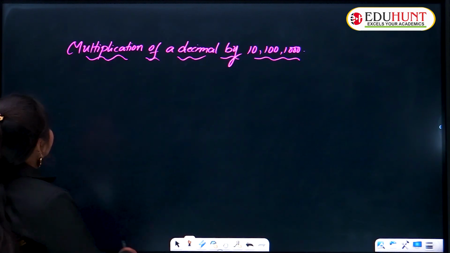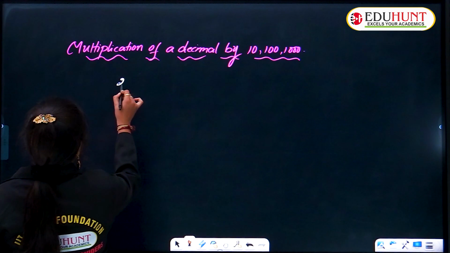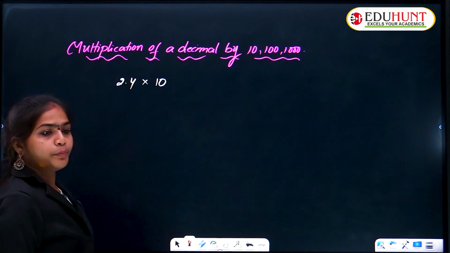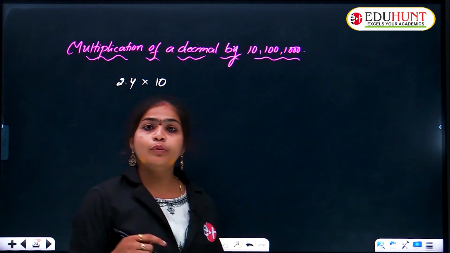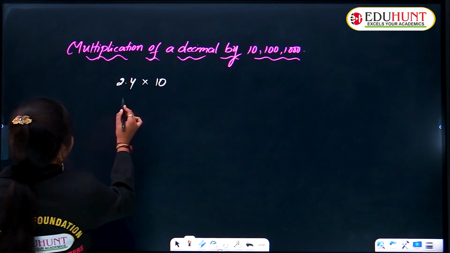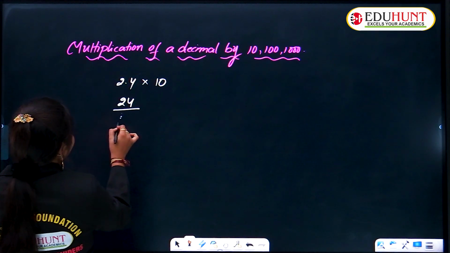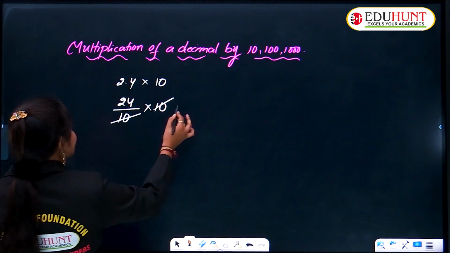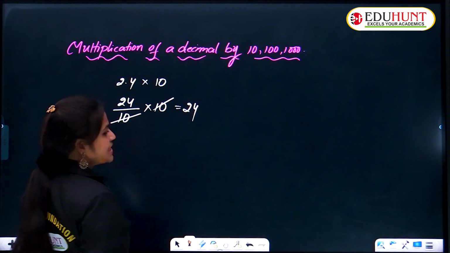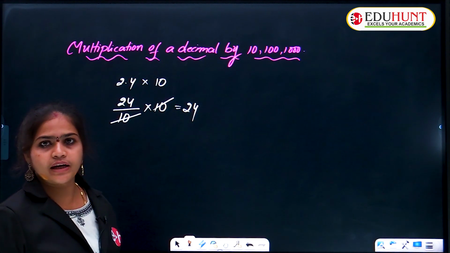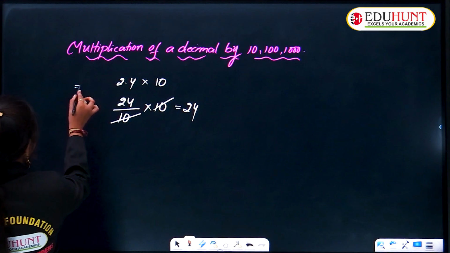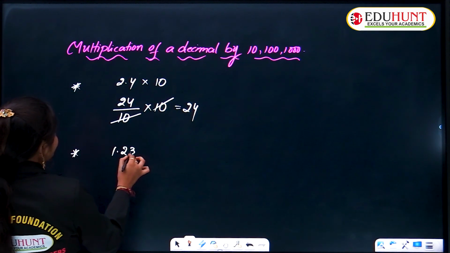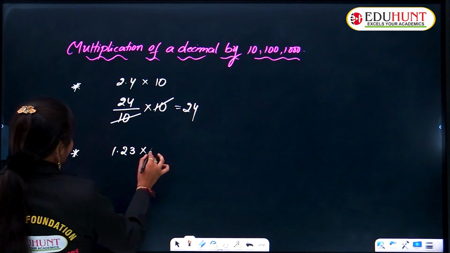See here, multiplication of a decimal 2.4 into 10. How can we convert 2.4 into a fraction? 24 by 10 into 10. 10 and 10 get cancelled. Finally you will get the answer 24. This is one of the methods. Next one, 1.23 into 10.